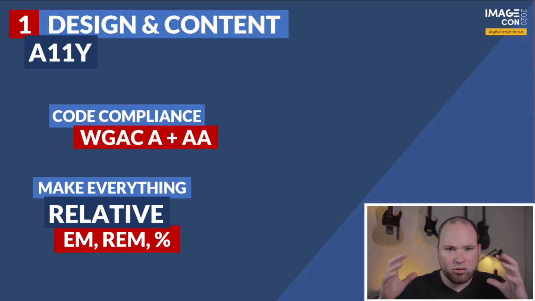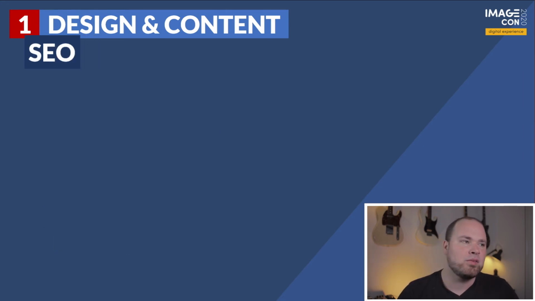So if you put everything together with relative elements like EM, REM, stuff like that, it will grow properly. And one thing you have to worry about here is if you zoom by 300% on a big desktop screen, it's actually showing you a mobile interface. So make sure that your mobile design works with keyboard as well. That's a hard one, but you should pay attention to that.